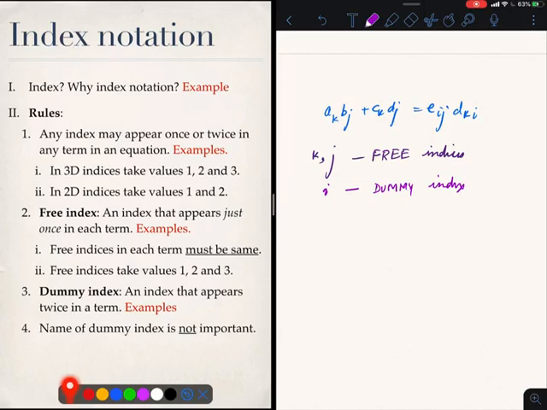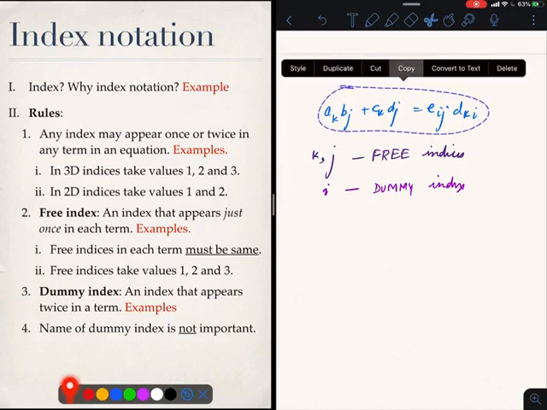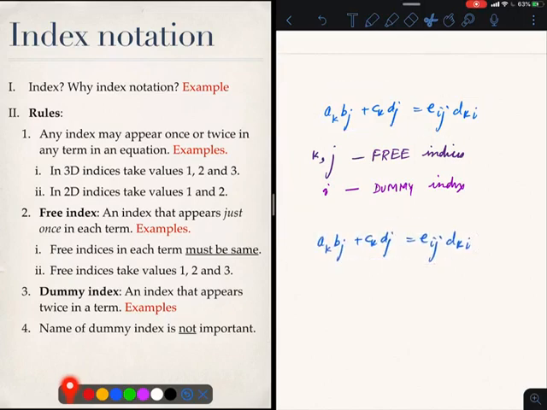That means that if I was to write another equation, let me copy it and put it here.